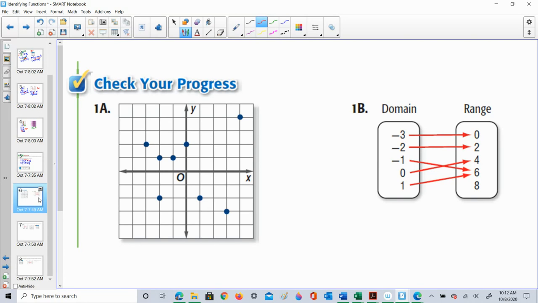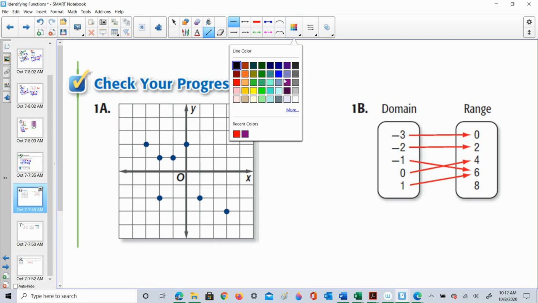We got graphs. What can we use here? We can use the vertical line test. So let's get a vertical line. What color should I use? Let's use orange for October and Halloween.